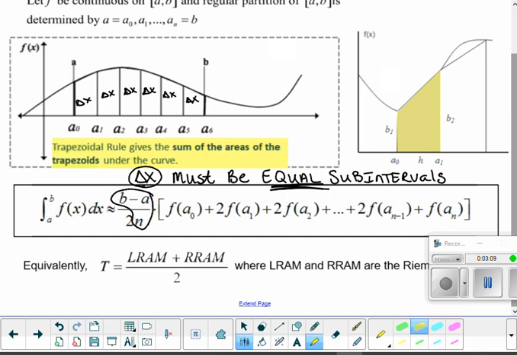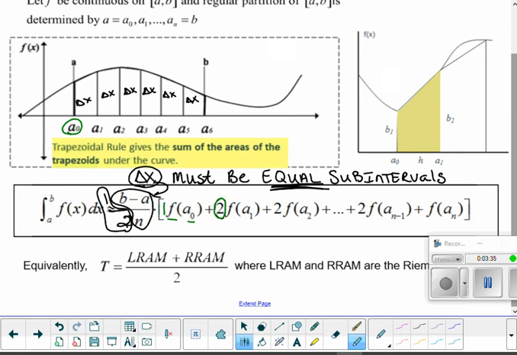So here's my delta x, isn't it? b minus a over n, which would be equal subintervals. The 1/2 from the formula is right here. So both of those items get factored forward as a GCF. Then you'll notice we have one height on the left, a sub 0, so it's our function evaluated at the x value a sub 0.